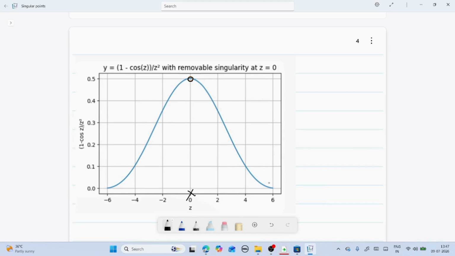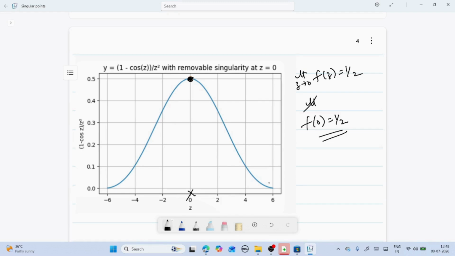So you know that limit z tending to 0, f of z is equal to 1 by 2. So as z tends to 0 from both ends, the functional value approaches 1 by 2. So when I redefine f of 0 as 1 by 2, this gap will be filled and therefore z equal to 0 will become a removable singular point.